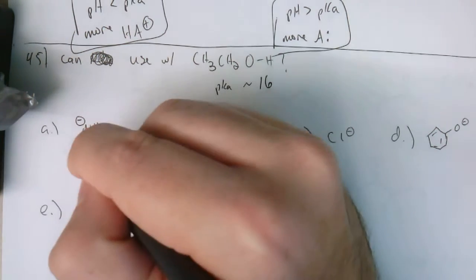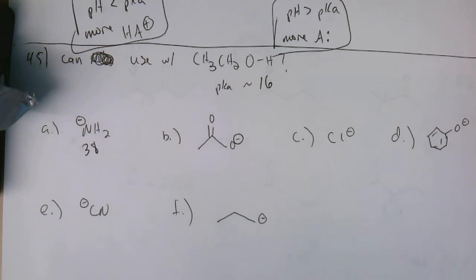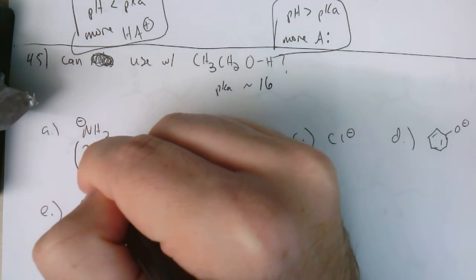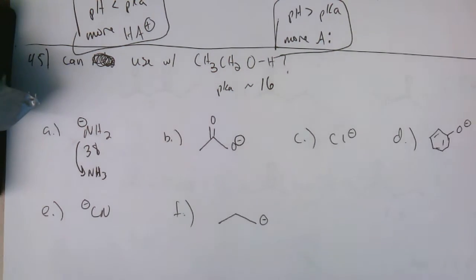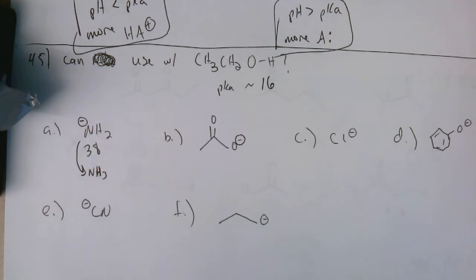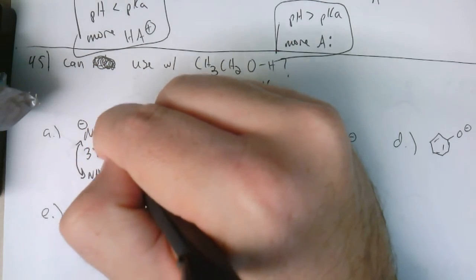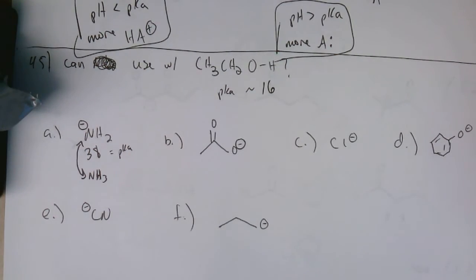Okay. So for this one, the pKa is like 38, right? Which means that this going to NH3, the reverse reaction of that, is 38. Really, I guess we wanted to draw this backwards. 38 is our pKa. We need to draw the double arrow.